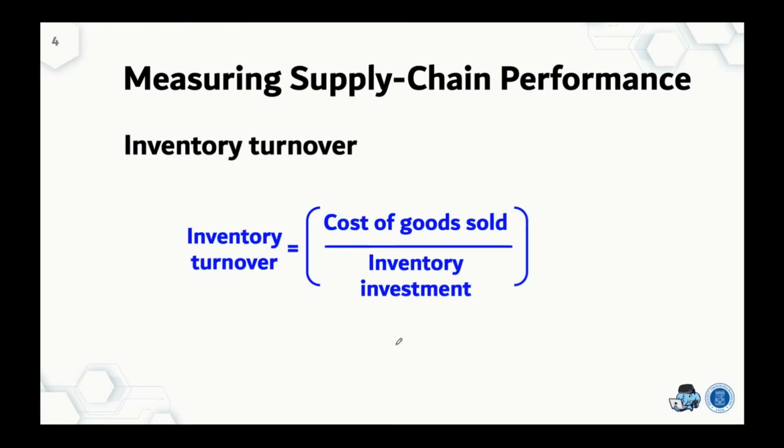Inventory turnover is the second performance measure that we will discuss. The formula is cost of goods sold divided by the inventory investment, which is the number of times we turn over the average inventory.